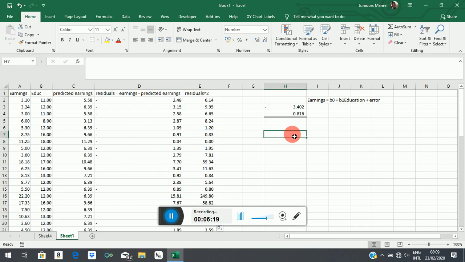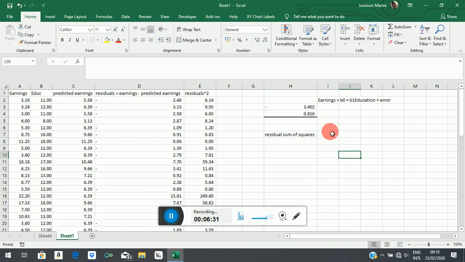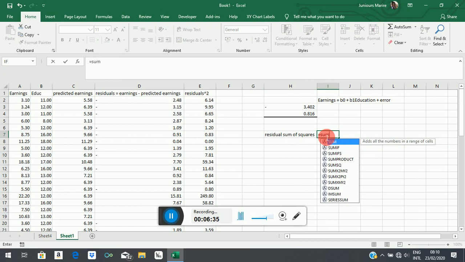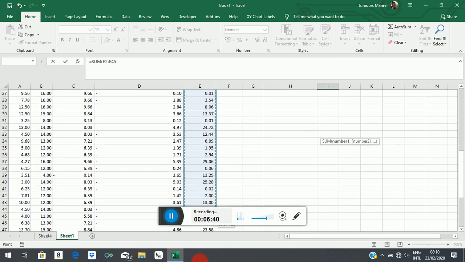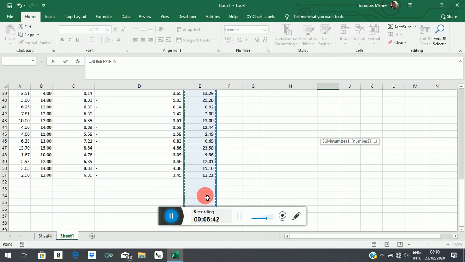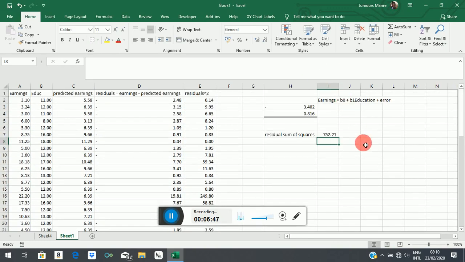Now we can generate the residual sum of squares. That is, we are now finding the sum of all these numbers we just squared. We want the sum of all these, right up there, and this is what we get, 752.51.